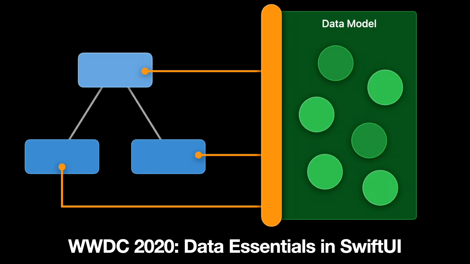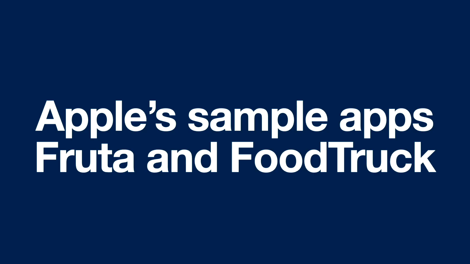You can also look at several different examples that Apple has put out, like the Fruta app, the Food Truck app and the Backyard Birds app. All of those are there for you to check out. Granted, they are not enterprise level, millions of lines of code, but you can still learn from those. Actually, I would say Food Truck is a pretty decent size app, a medium size app.